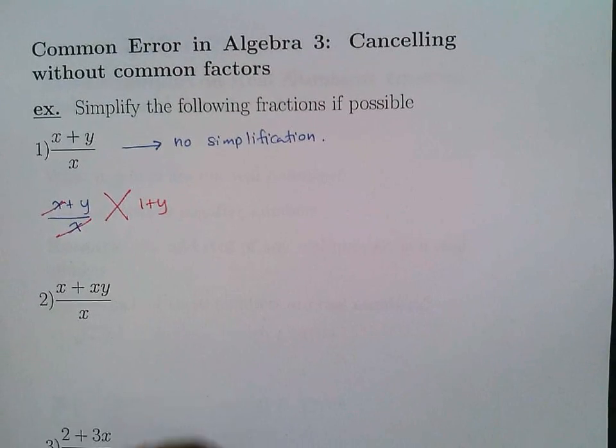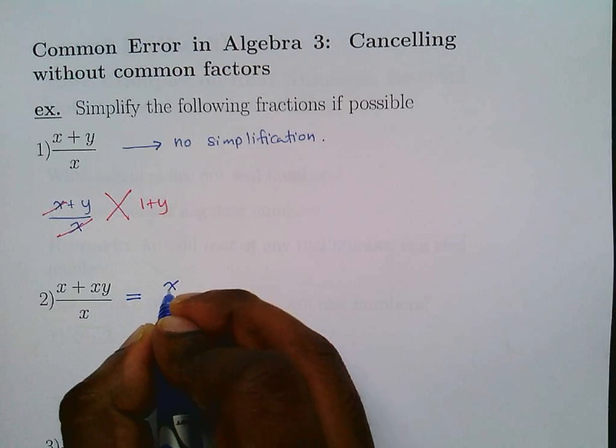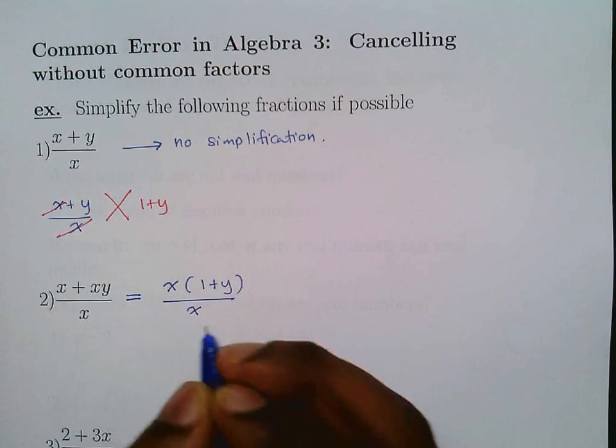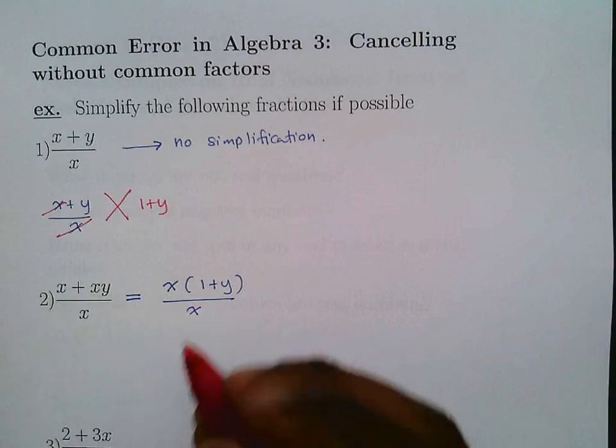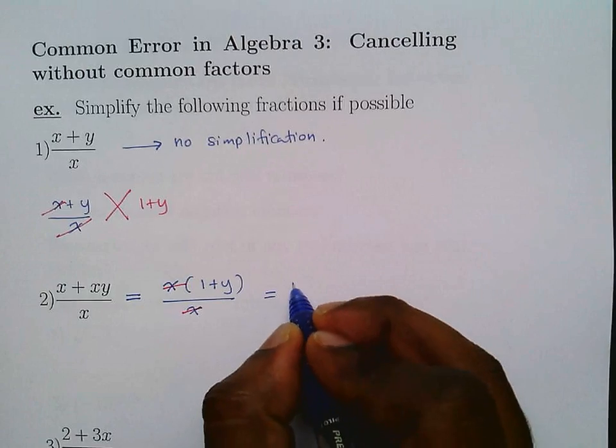Here in this step you will see that there are common factors. You can take x as a common factor on the top, 1 plus y, and x as a common factor on the bottom, and then you just cancel off, and you can see that it's simply 1 plus y.